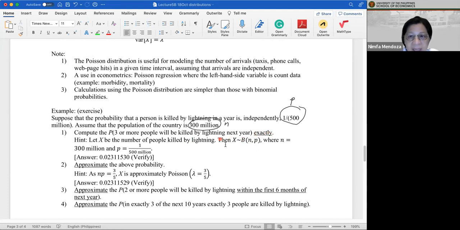Therefore, you have to use the binomial distribution. So let X be the number of people killed by lightning. Then X would have a binomial distribution where n is 300 million and p is equal to 1/500. So verify that the answer is this.